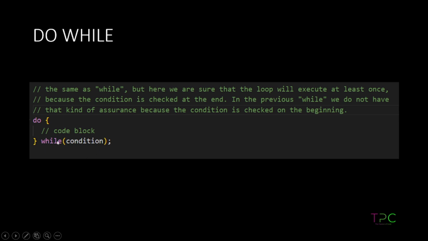So please notice the condition is in the end. So even though the condition in the beginning is false, this loop will be executed at least once. So this is a very important difference between while and do while. Okay, and that's pretty much all, I guess.